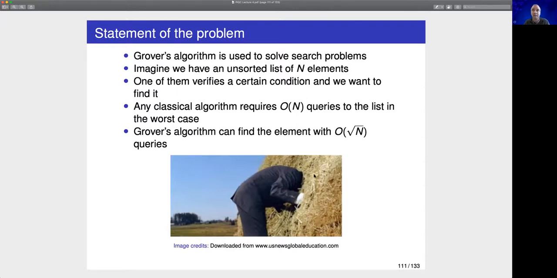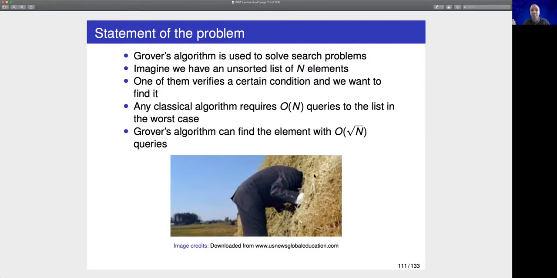In the general case, this is not sorted at all. With a classical algorithm, you are going to check on average half of the registers in the list before you find your element. There is no other way of doing this, because the element can be anywhere.